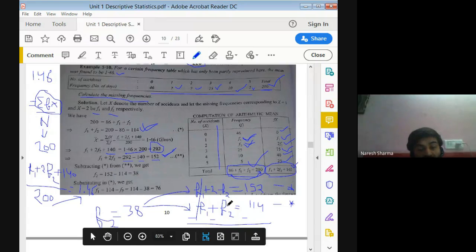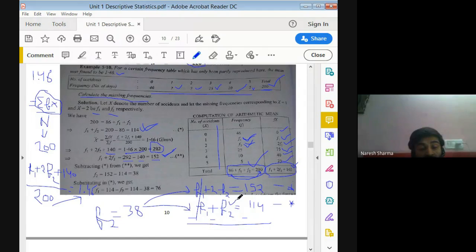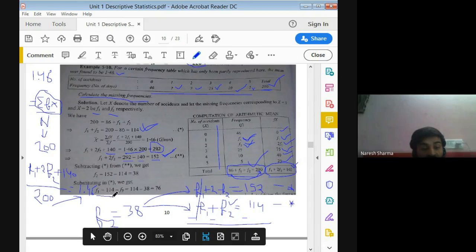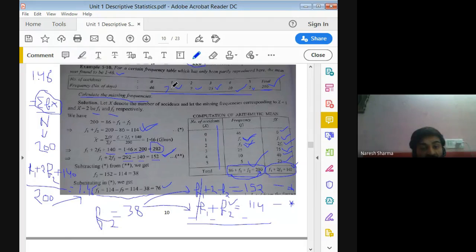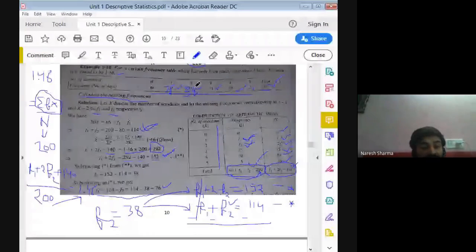I can put it in the second equation, which looks a little simpler. So we put 38 in place of F2. Shifting 38 to the right hand side gives F1 equal to 114 minus 38, which is 76. So one unknown is 76 and another unknown is 38. So we get our missing entries. Hope it's okay for you.